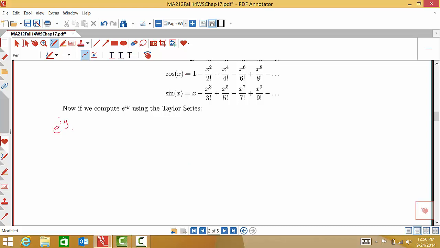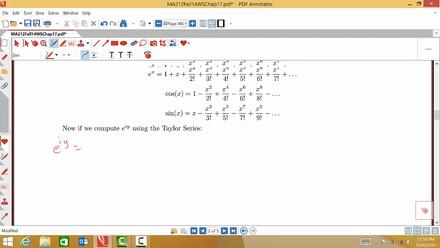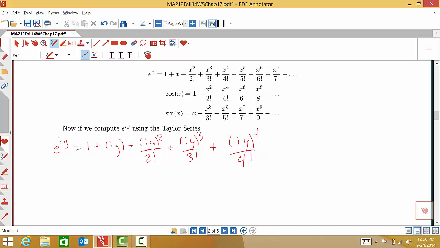We see that e to the iy, well, if we follow the Taylor series for e to the x, we'll end up with 1 plus iy plus (iy) squared over 2 factorial plus (iy) cubed over 3 factorial plus (iy) to the 4 over 4 factorial plus, I know this is a lot of terms, but I need them all in order to get the pattern to work out.